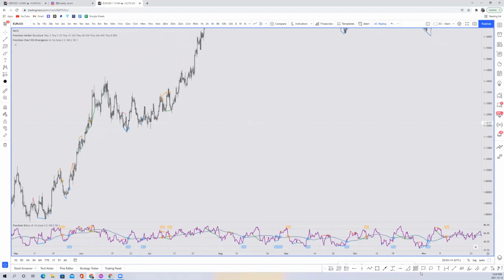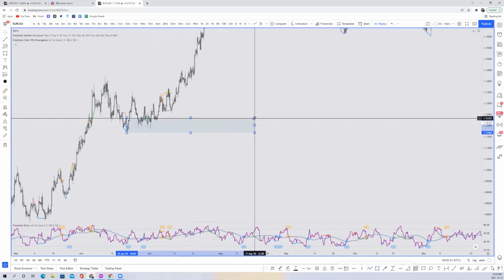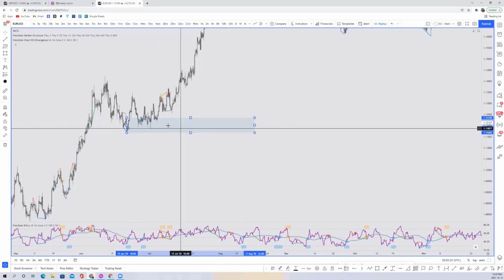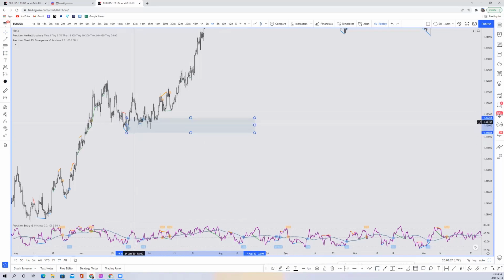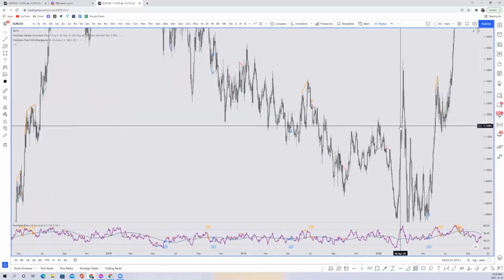So we have a 4-hour zone here. Might even be a daily zone we're tapping, but I'm going to pull this whole zone right now. I'm guessing we're reacting to something in here, and this is a daily order block, which we could actually just quickly scoot over and look at.